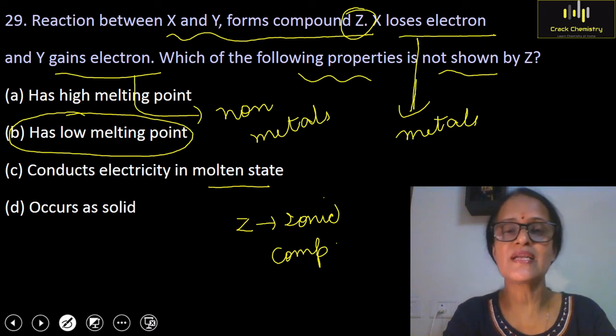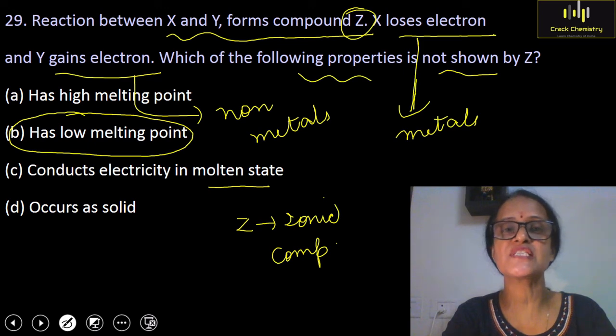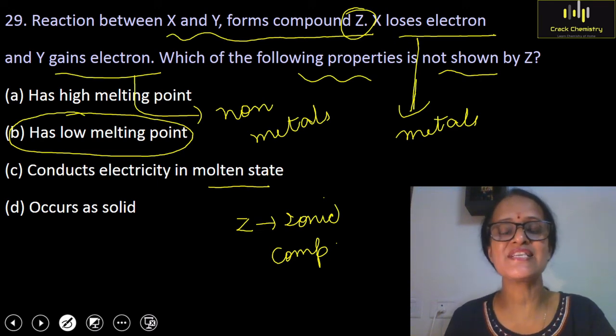This is also a correct statement, because ionic compounds exist in the solid state. There are very strong electrostatic forces of attraction between positively charged cations and negatively charged anions. So our correct option is option B, which is a wrong statement, that ionic compounds have low melting points. I hope it is clear to you.